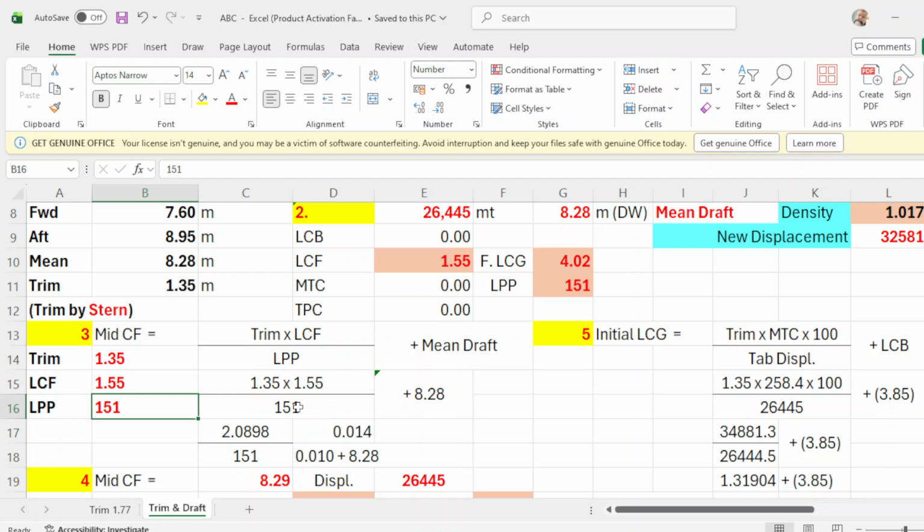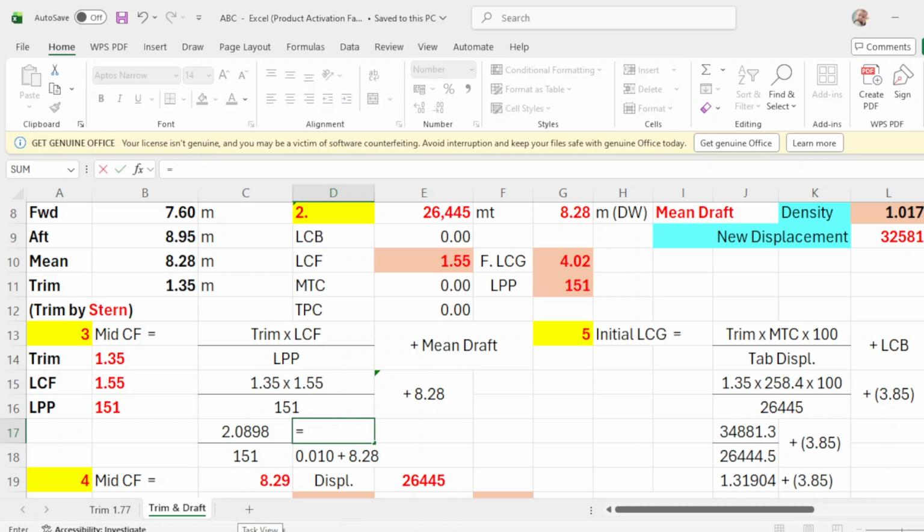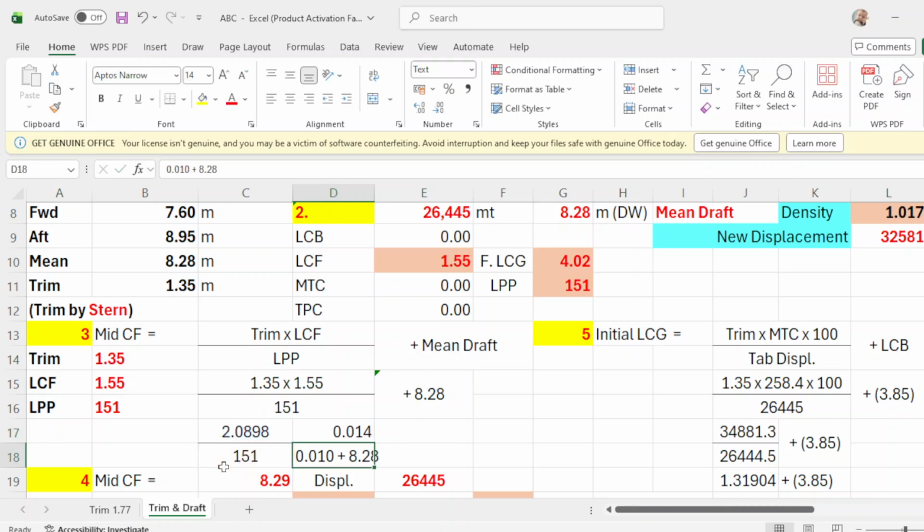Multiply this one, then you will have 2.0898 over your LPP. Divide this by your LPP, that will be 0.14.